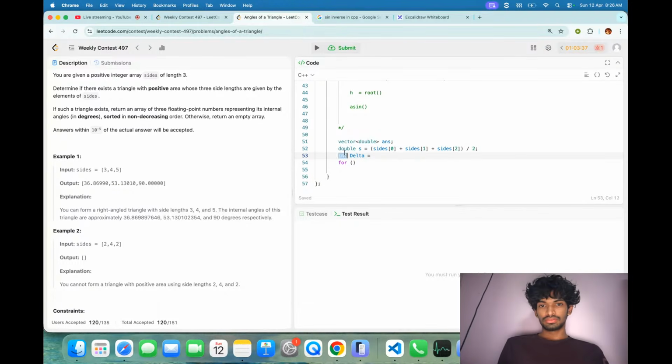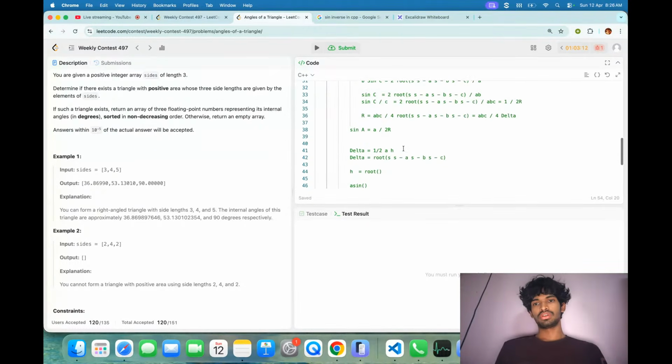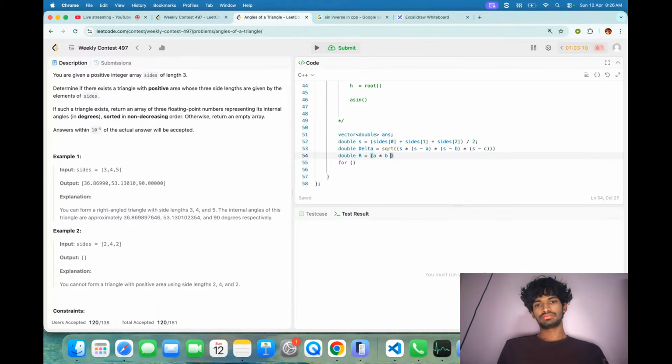Delta equals to. Radius of the circumcircle equals ABC by 4 delta.